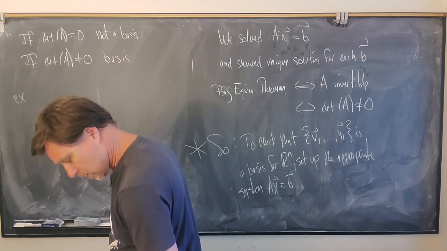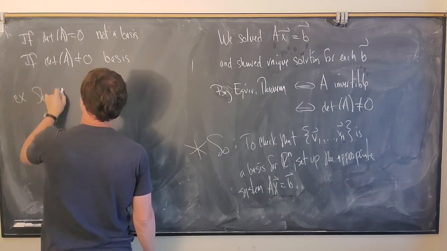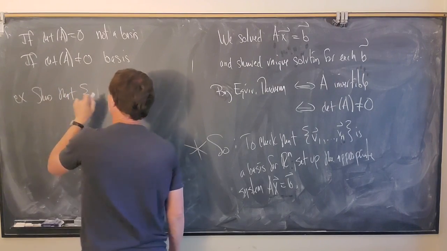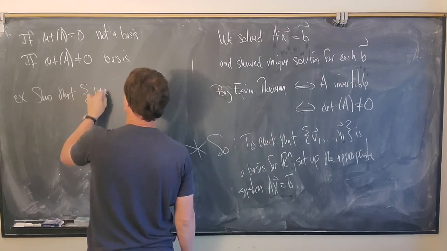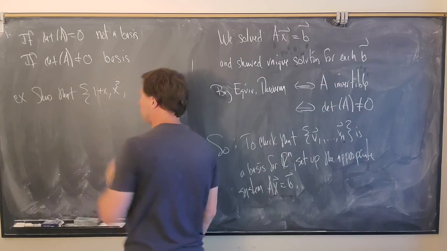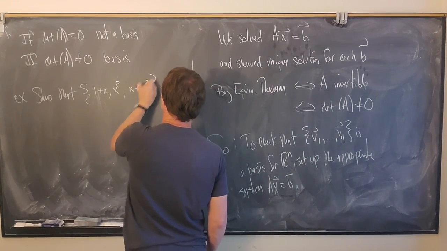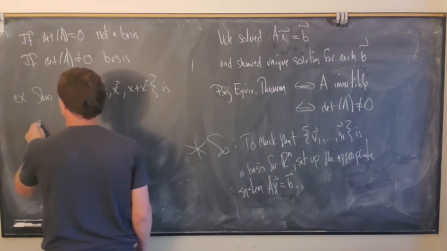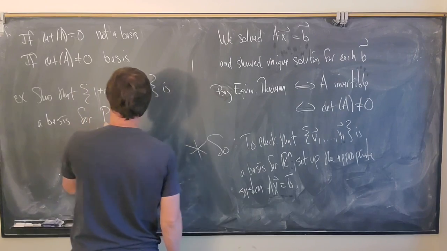I want to show that the following set, 1 plus x, x squared, and x plus x squared, is a basis for P sub 2.